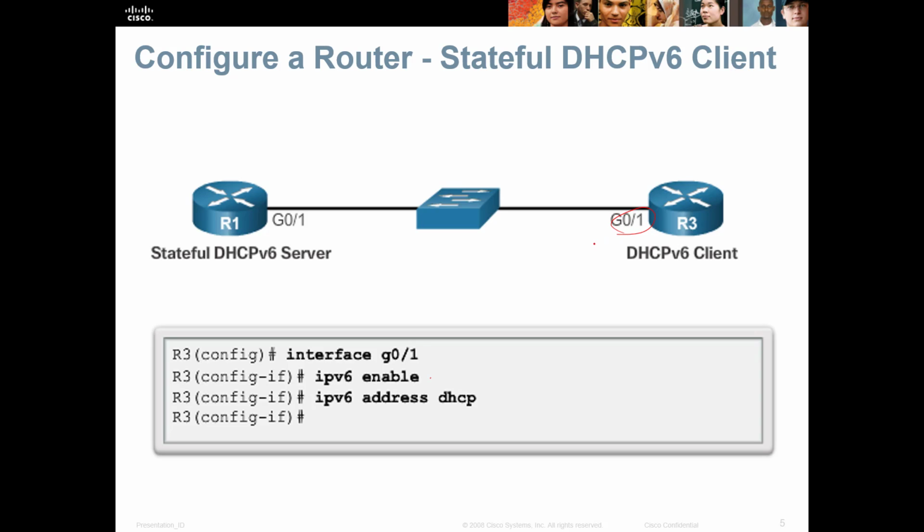You're not addressing this thing, so there's no IP address command going on, except to say, you're going to do it by DHCP. Now, notice this is not auto-config. It's just DHCP, which implies you're going to be looking for a managed interface and a managed address.